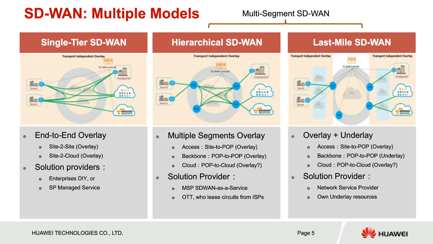So then we come to this second model. We call it hierarchical SD-WAN. It inherits the idea of the MPLS provider network, except that the service provider can be over-the-top. They can be the one who doesn't even own any facilities or infrastructure. They can strategically put their devices, like SD-WAN aggregator devices, in certain strategic locations and allow the CPE to directly connect to those POP locations.